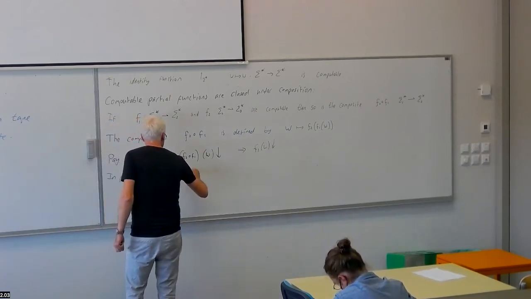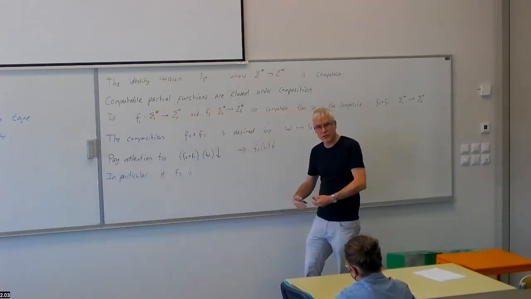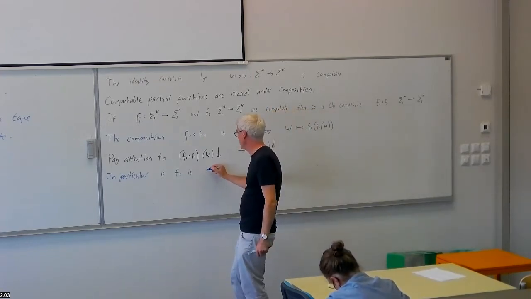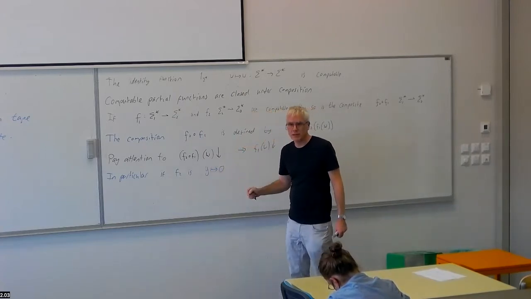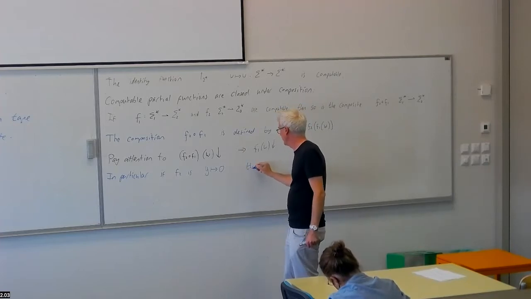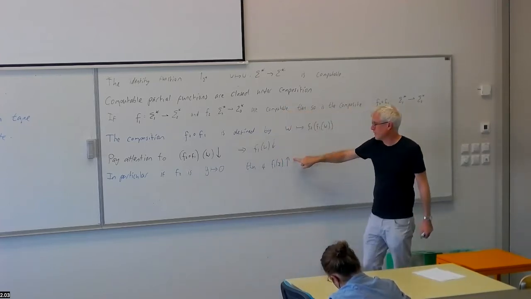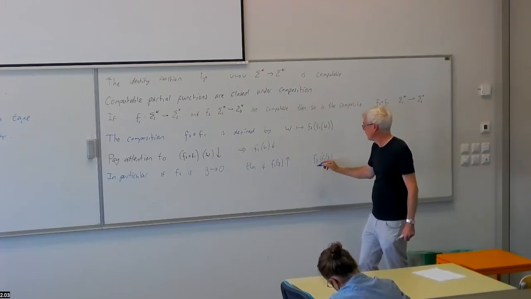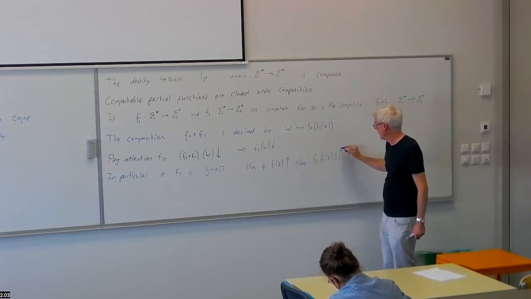If f2 is, say, some total constant function that always maps everything to the same result, for example, if f2 is y maps to 0, so everything is mapped to 0, then if f1 of x is undefined, so I use the up arrow to mean undefined, nonetheless f2 of f1 of x is also undefined.